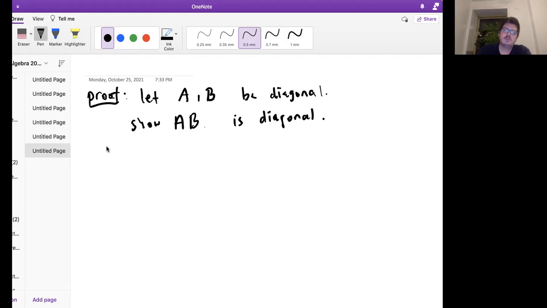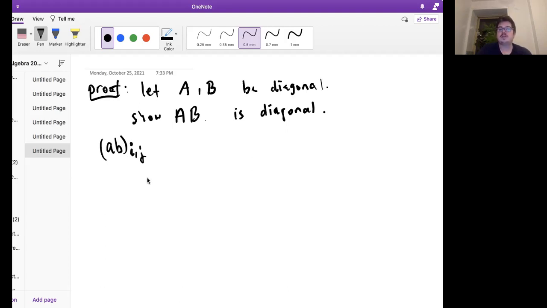So what can you say about the ijth entry of the product? What do you want it to be? So we want (AB)ij to equal 0 for i not equal to j, right? That would be the goal, to prove this. Does that make sense? That would imply it's diagonal.